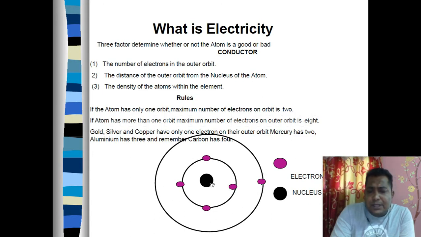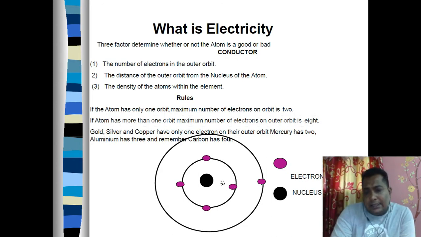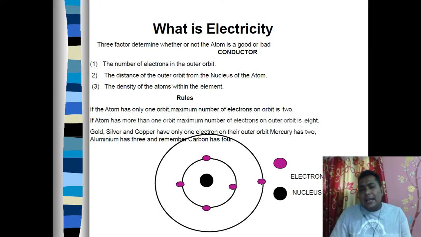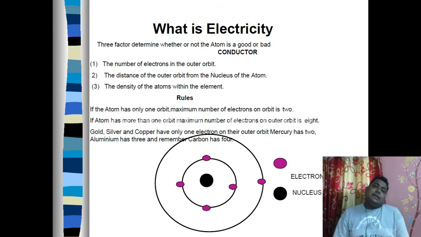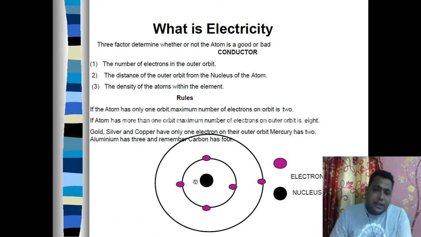The distance between this nucleus and this electron is say x, and the distance from this nucleus to this one is y. So from the picture we can say that y is greater than x. That means the outer orbital distance from the nucleus is higher than the distance for the inner orbital electrons, correct?